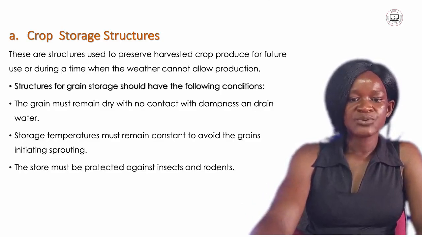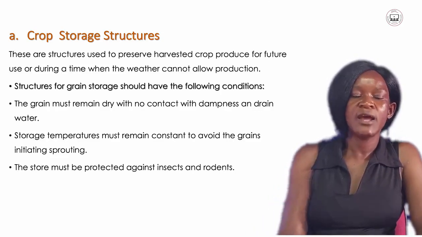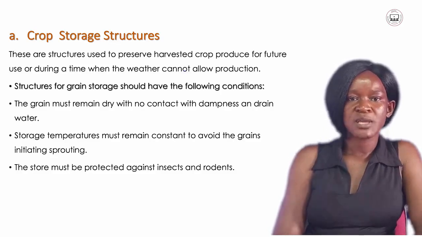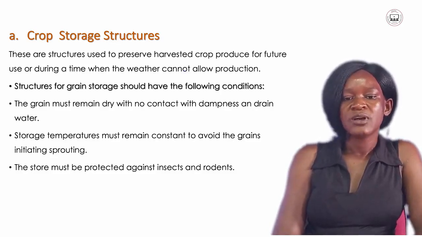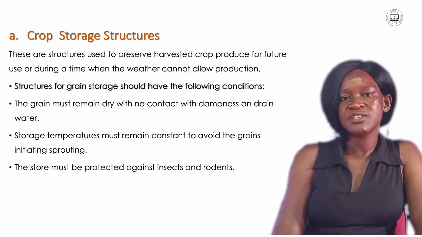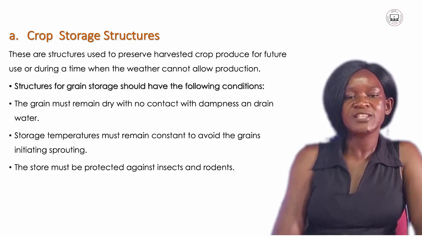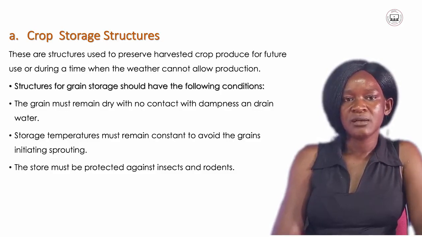Apart from that, the storage must be protected against insects and rodents. You can apply chemicals, but there is also a strategy used in grain storage, in the sense that the storage should be airtight, and air circulation should not be there.